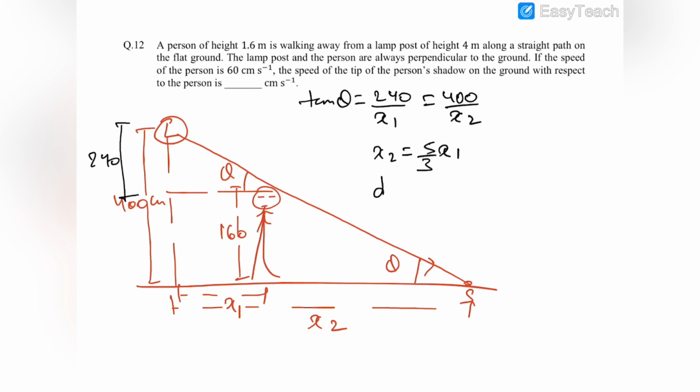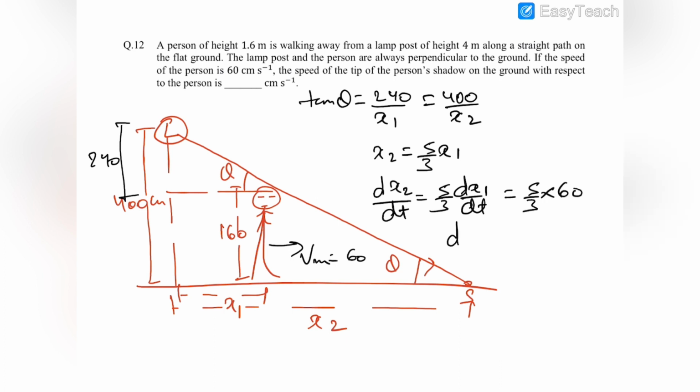Now we differentiate these two, and dx2 by dt is equal to 5 by 3 of dx1 by dt. This dx1 by dt is the rate at which x1 is changing, and this would be equal to the speed of the man, which is 60. So this is 5 by 3 into 60, and dx2 by dt will be equal to 100, and this would be the velocity of the shadow.